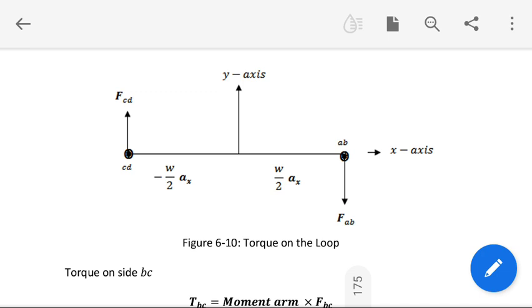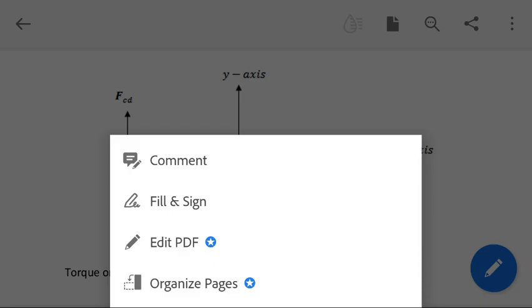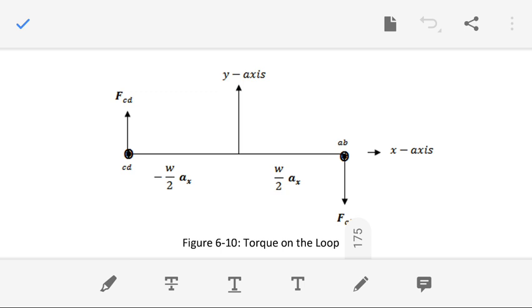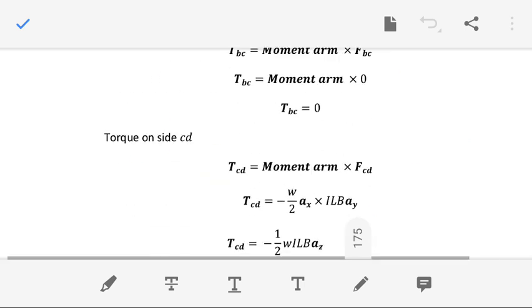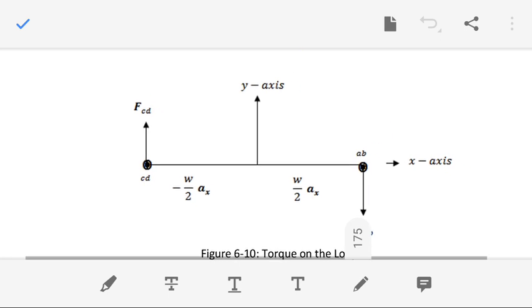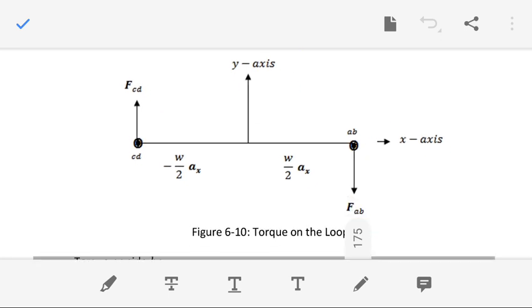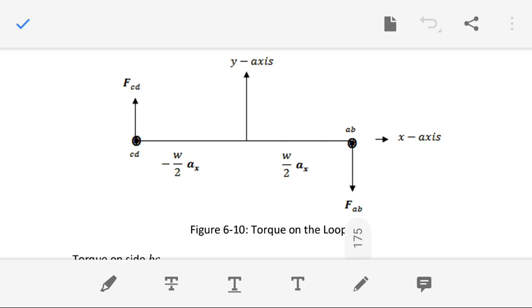You guys can see a circle which is represented by AB. This circle basically represents the side AB of the current carrying loop. You can see a circle CD on the left hand side, and this circle CD represents the side CD of this current carrying conductor.